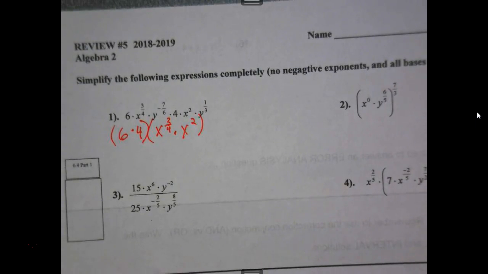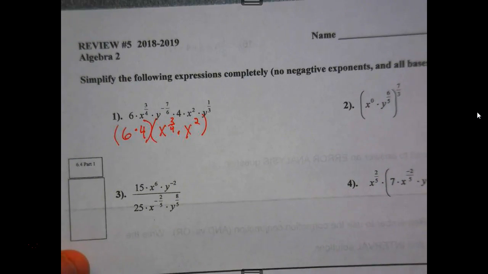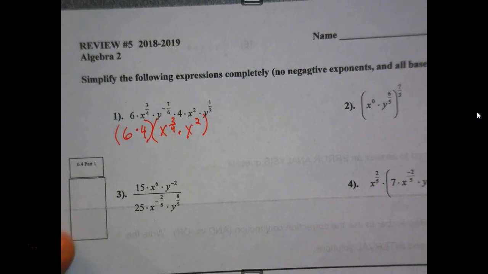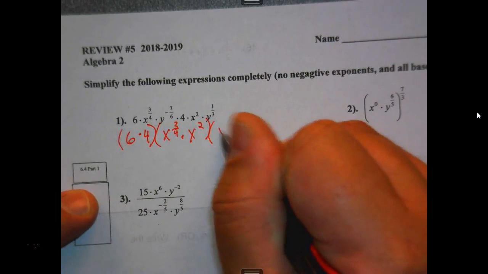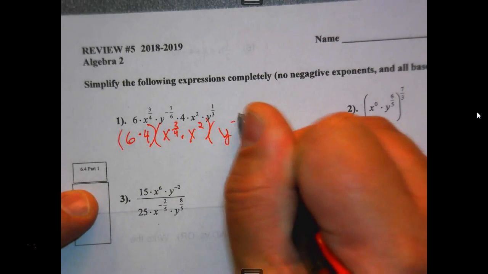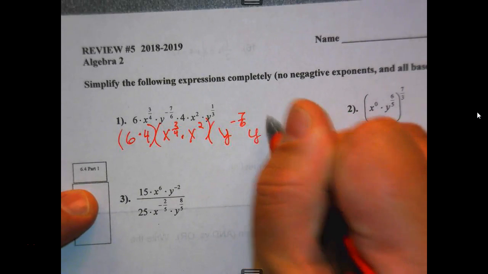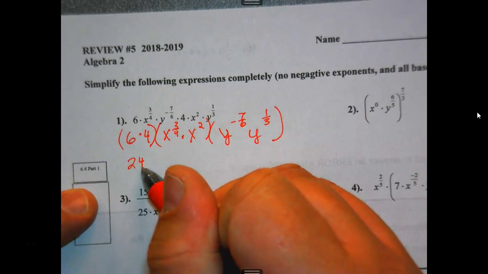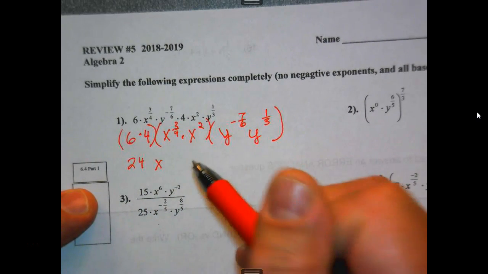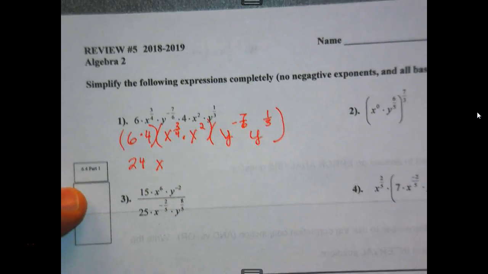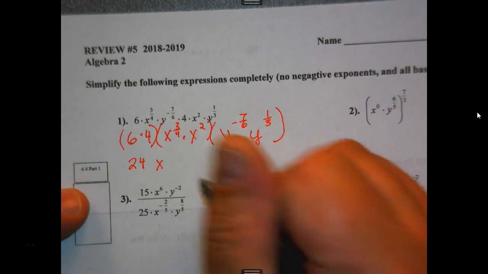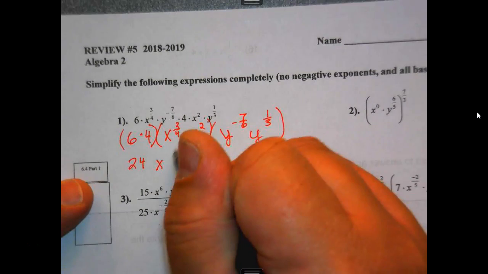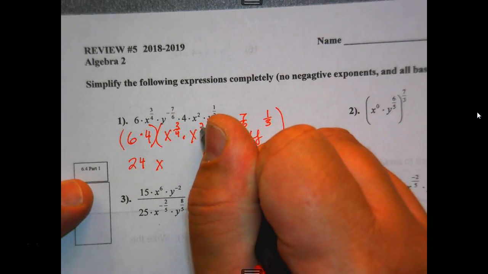Okay. It looks like we just transferred them to this one. So if you look at your previous review, it'll have 6, 4, 1, and 2 on there. Remember, I grouped these y to the negative 7, 6, y to the 1/3, and then I multiplied them out. 24 x to the 3/4 plus 2 was x to the 7/4 or something like that. 2 is going to be 11/4.